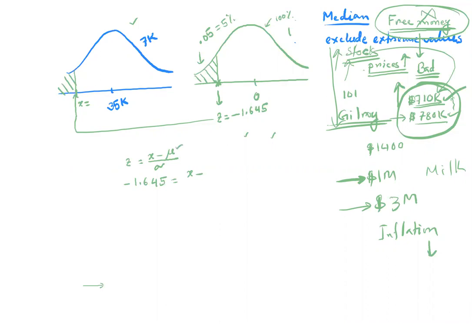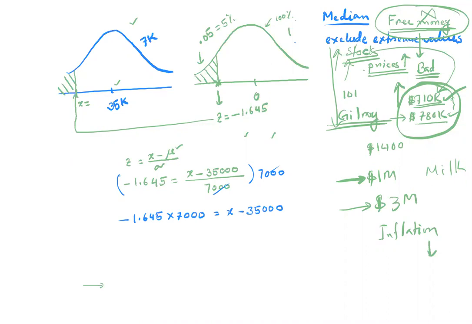Mu is the average, which is 35,000, and sigma is 7,000. Now, to solve for this, we are going to multiply both sides of the equation by 7,000. Why am I multiplying by 7,000? So that they cancel. So it's going to be negative 1.645 times 7,000 is equal to x minus 35,000.